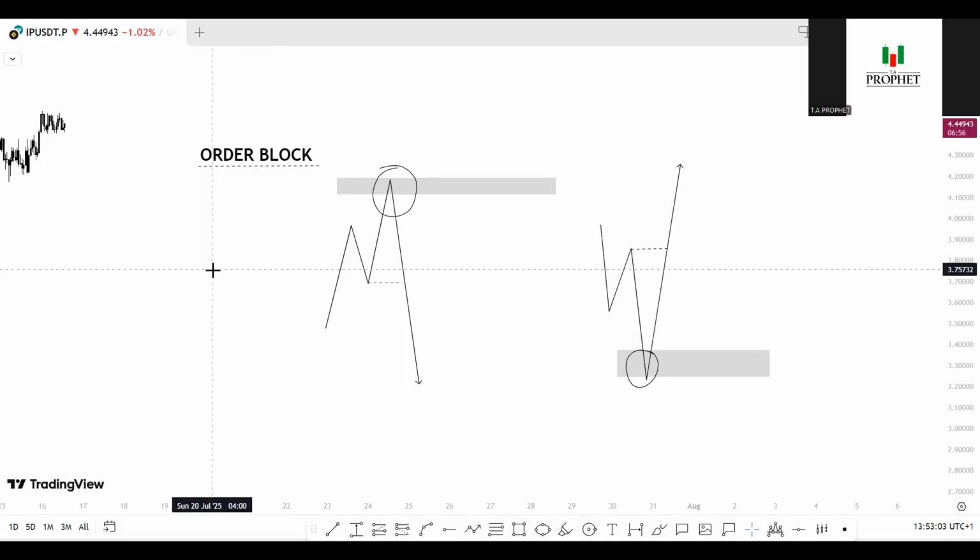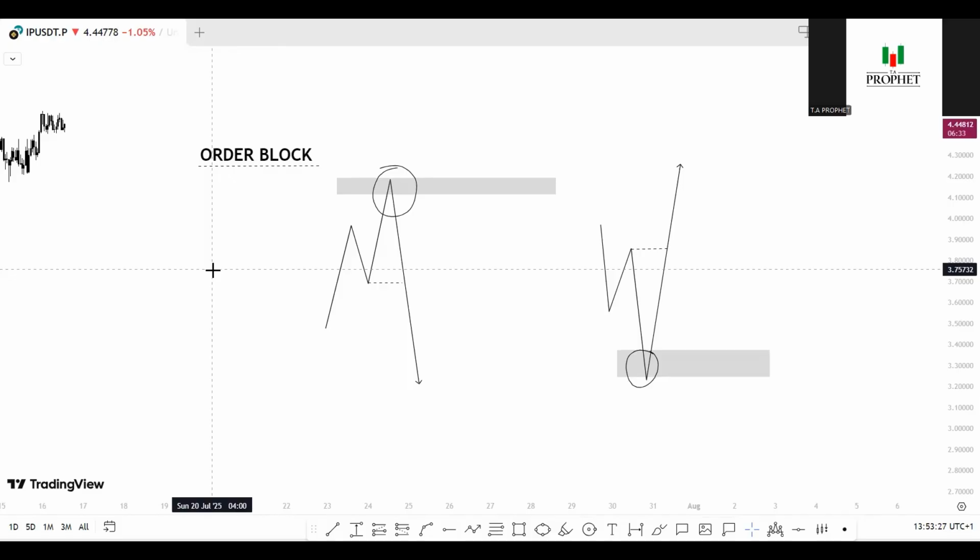We said order blocks are key levels on our chart where institutions like the banks execute large orders, either buy or sell, causing a strong impulsive move from that level.